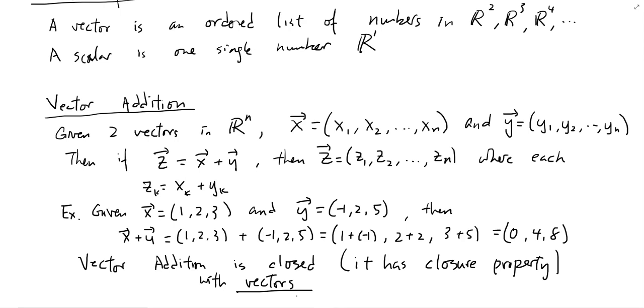Addition between real numbers is closed. But addition between two odd integers is not closed. Why? Because if you add any two real numbers together, the number that you get would always be a real number.